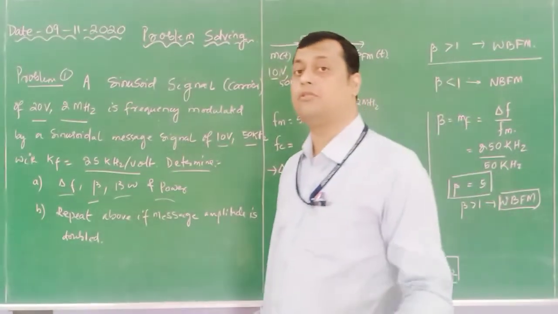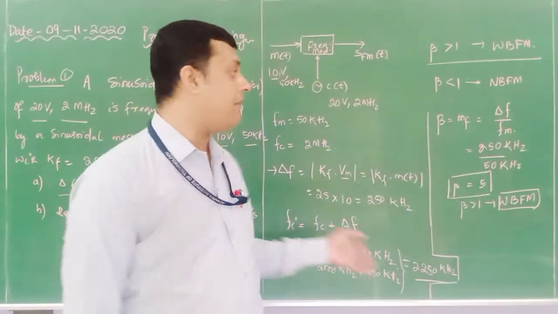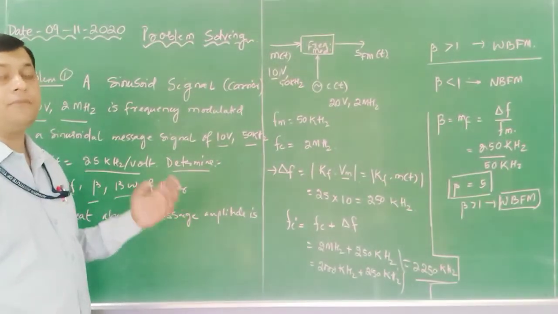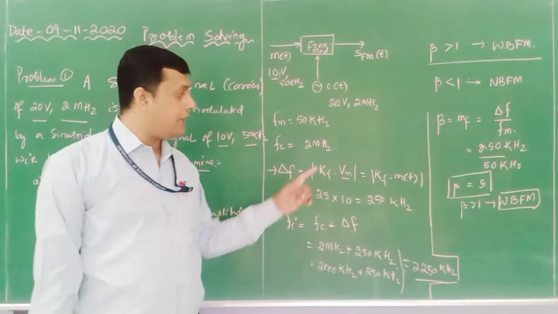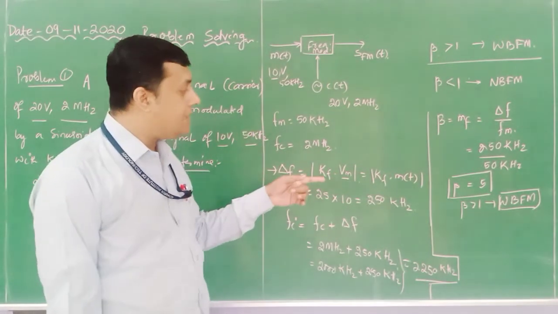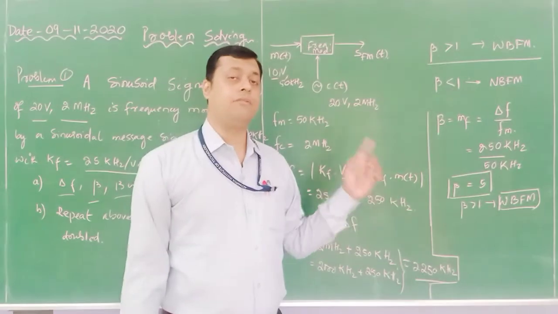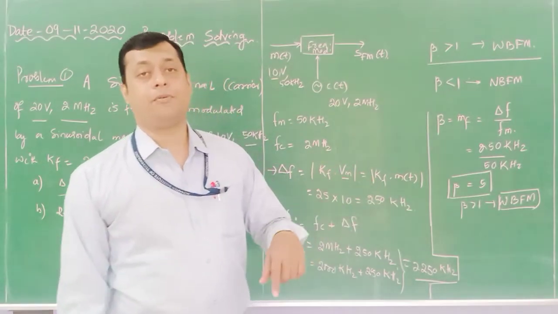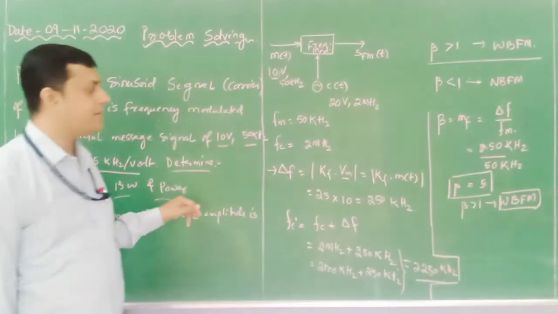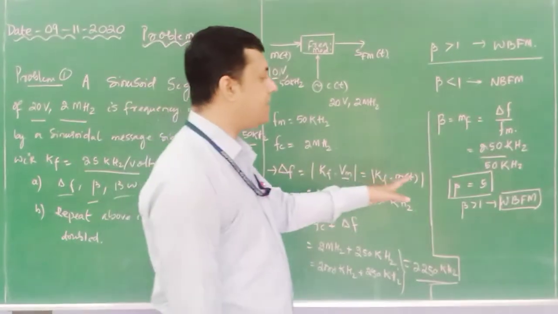If it is a WBFM signal, the power content depends only on the power available in the carrier. If beta is less than 1, as in the derivation we have done, then we have to consider the beta component while calculating the power of an FM signal. Now beta is known, beta is equal to 5.